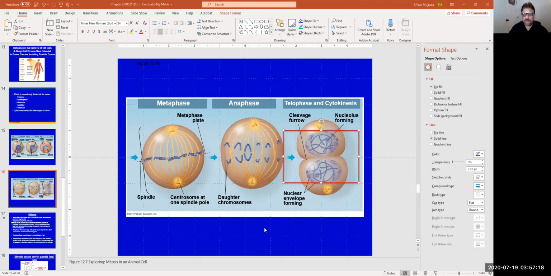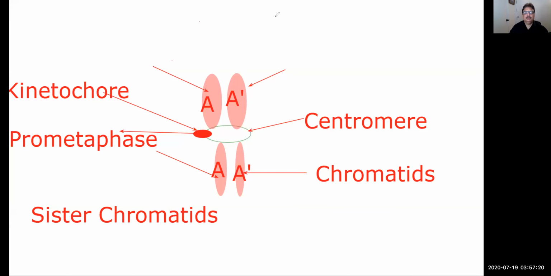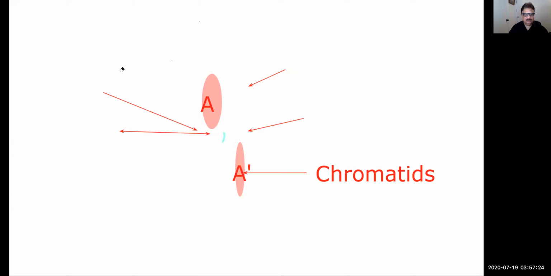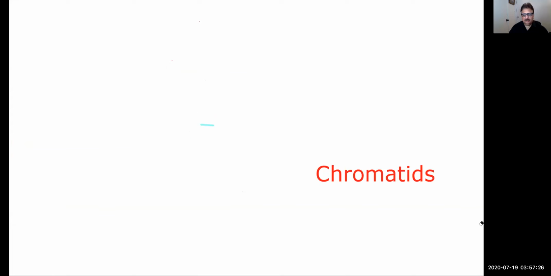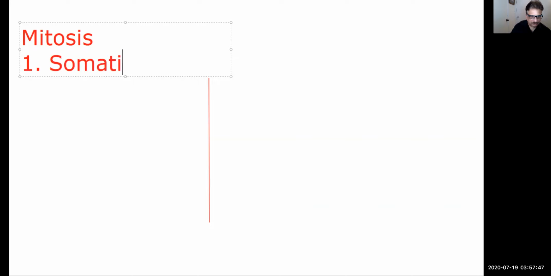So as I mentioned to you, what are the salient features of mitosis? First of all, mitosis occurs in somatic cells.